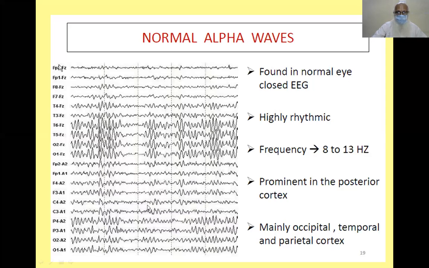Generally, in the frontal part, this kind of alpha wave with higher amplitude and about this frequency is not there. They are very fast and of small amplitudes in the frontal region.